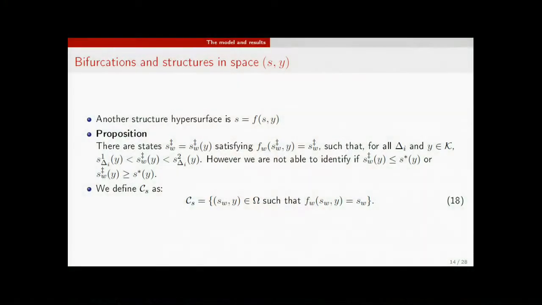Now, another interesting structure is when the flux also depends on the chemical variables, the case where the flux is equal to the variable S. In this case, we have the following results.